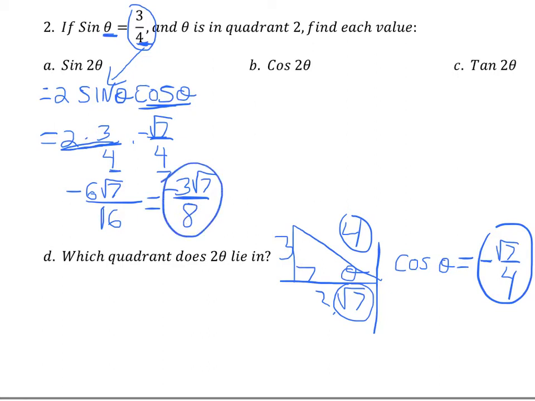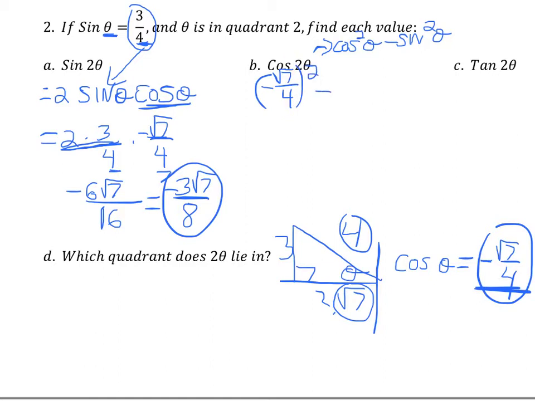Now if I want to get the double angle for cosine, this is the formula I'm using: cosine squared of theta minus sine squared of theta. Once you have these trig values, it's real easy. I'm just going to plug it in. Cosine of theta is negative root 7 over 4, but then you square it.